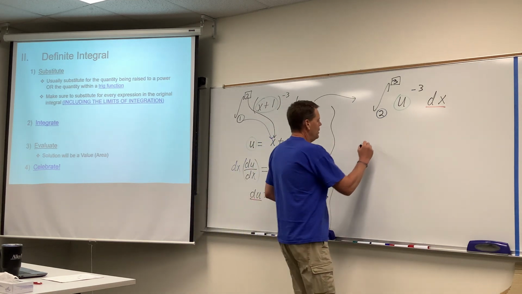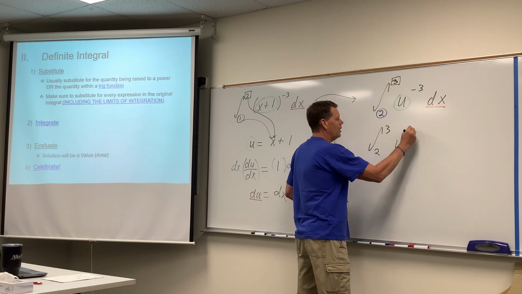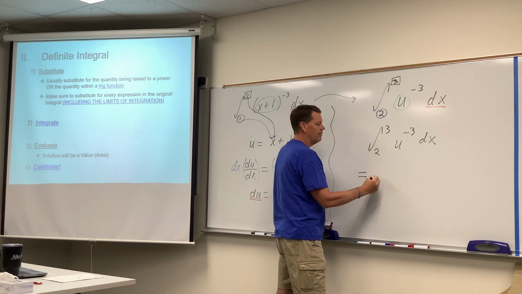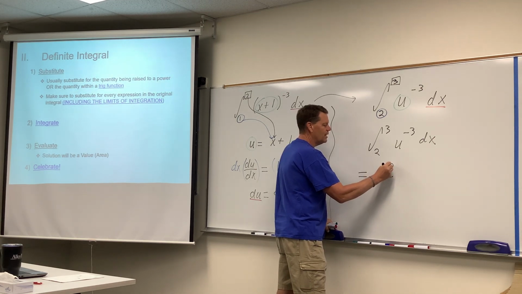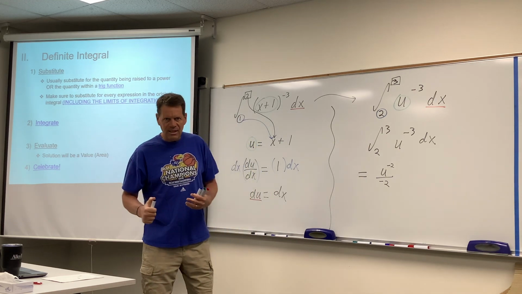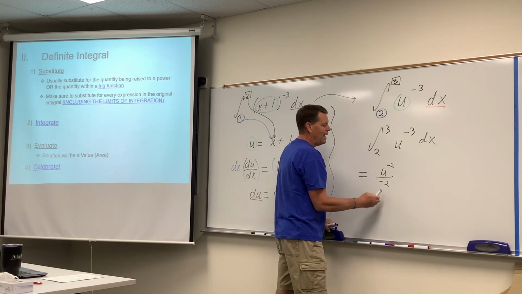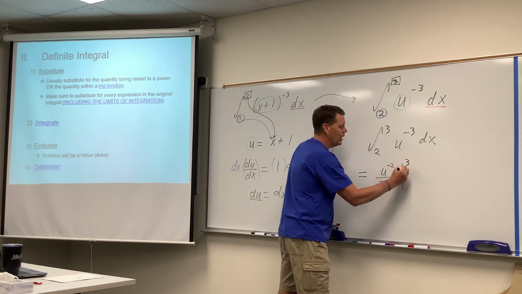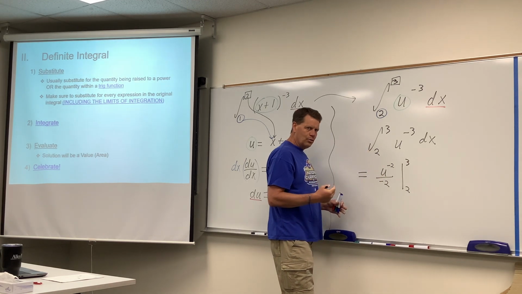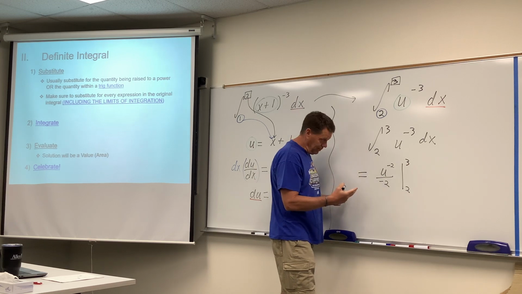So, the integral from 2 to 3, let me clean it up a little bit, u to the negative third du would equal, we find the antiderivative, which would be what? u to the negative 2 over negative 2. Remember, that's that step where we find the antiderivative of that function, n plus 1 over n plus 1. Then we show that we're about to evaluate here. So then we change that integral over to that symbol we use, you recall, when we want to evaluate.